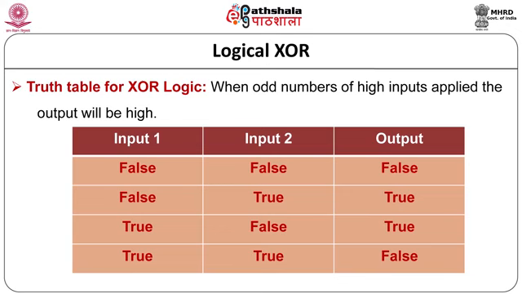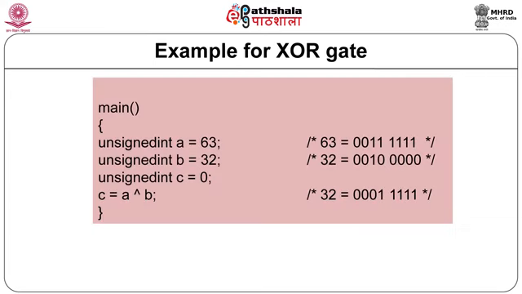When input 1 and input 2 are both true, the result is false. When input 1 is false and input 2 is true, the result is true, or input 1 true and input 2 false, the result is true. So one can use this operator as per their need. This is a simple example of how to use XOR logic in a program.